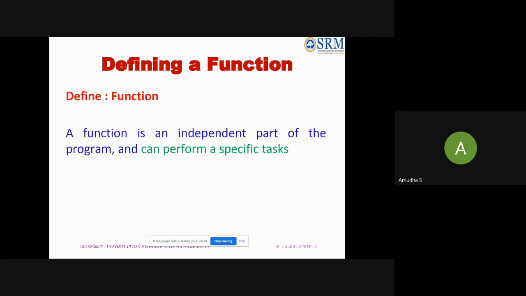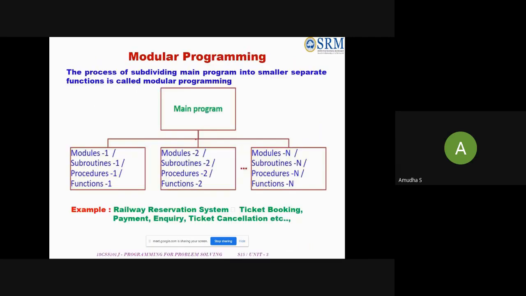Then if I pass a float, again the same function is called, and it will return the float data type. So a function is an independent part of the program and it can perform a specific task. Whatever task you want to perform, you should define that as a separate function.